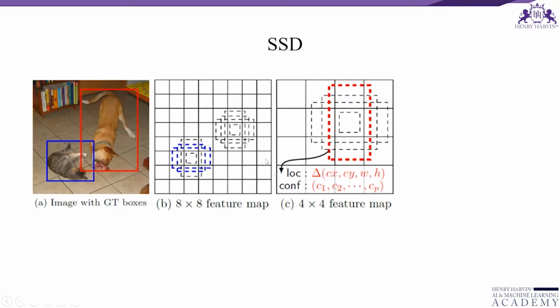For each location, we will correspondingly look at some rectangles of a fixed number of aspect ratios. So you have an aspect ratio of 1 cross 1. Then you have others. You can understand what the aspect ratio is.